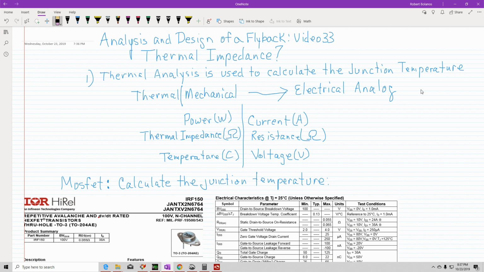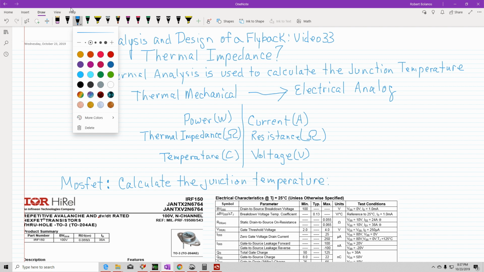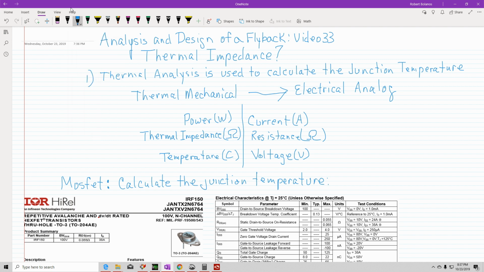So when we're talking about mechanical power, it can be power as horsepower or watts in that case. But when we do the translation to an electrical circuit, the power is represented as current. Okay, and the units of current are amperes or amps. And then in the mechanical, the thermal impedance, the units are in ohms.